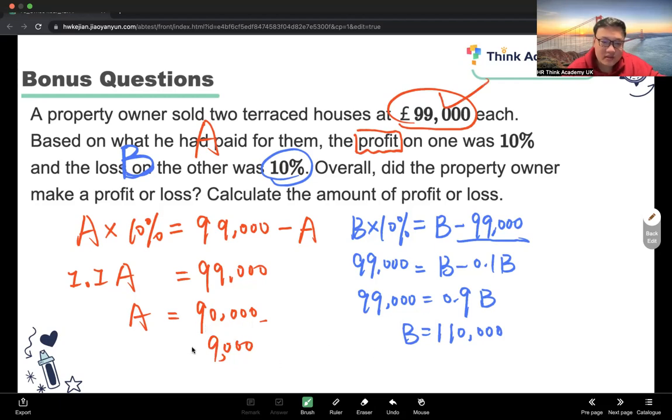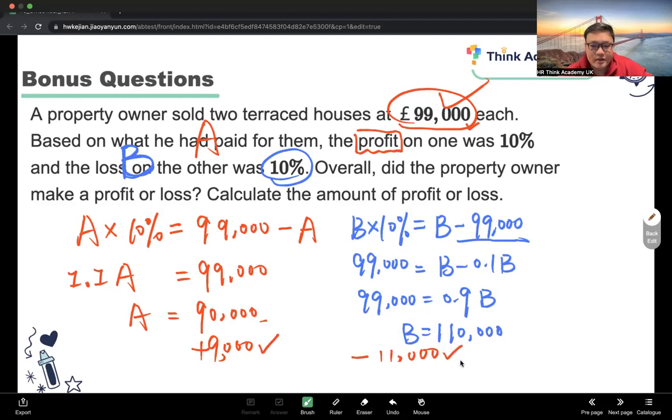For the first one, you see the profit, let's use a plus, but for the second one, it's a loss, so you get the minus. That will be 110,000 minus 99,000, which gives you 11,000. So you got this much of a profit, but you got this much of a loss.